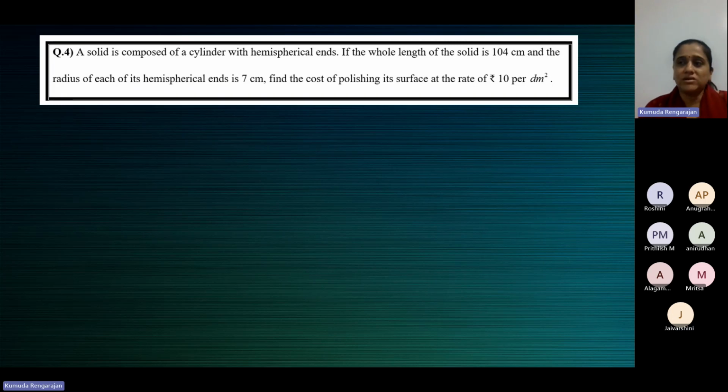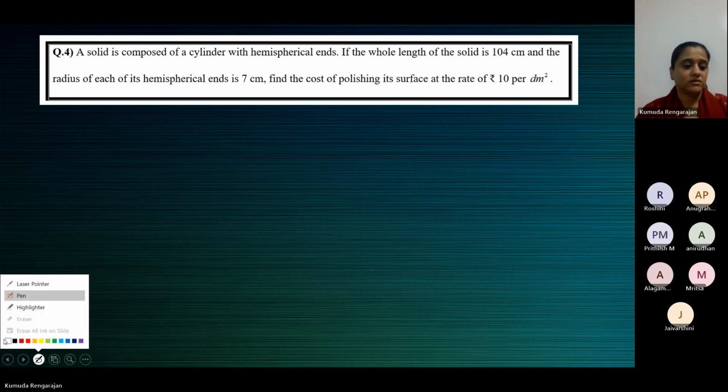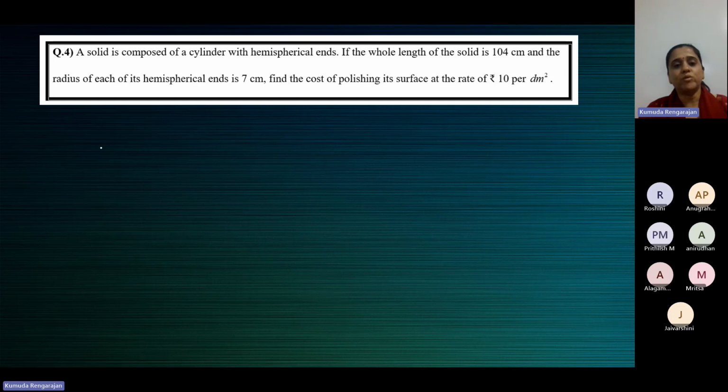See, we have done all this with plane figures in class 6, 7, 8. This is using solids. A solid is composed of a cylinder with hemispherical ends.